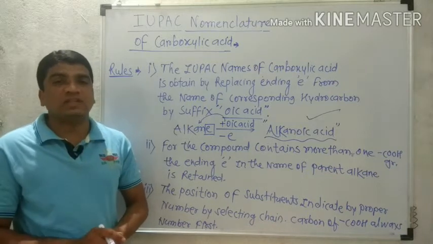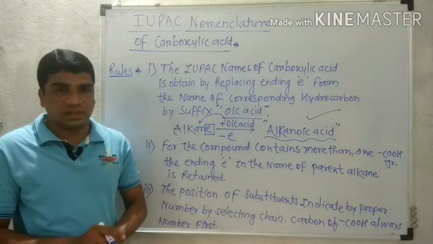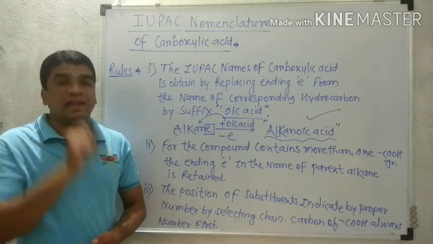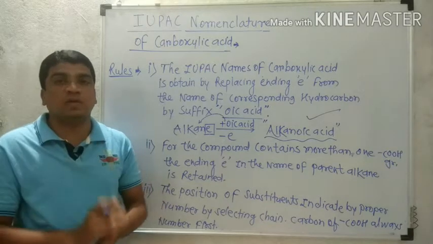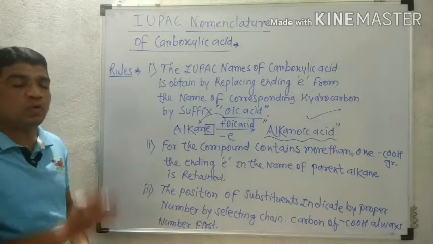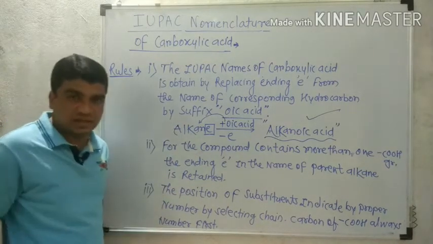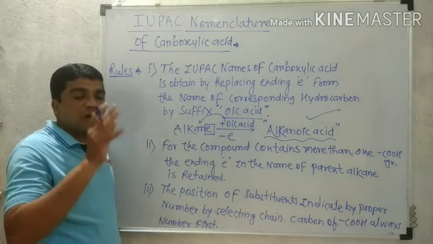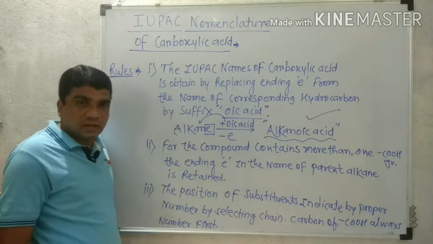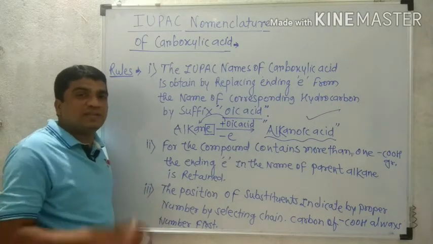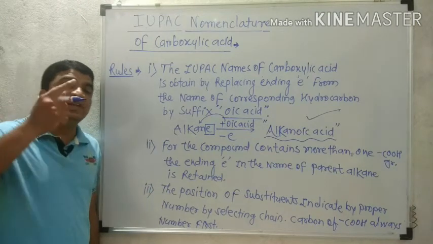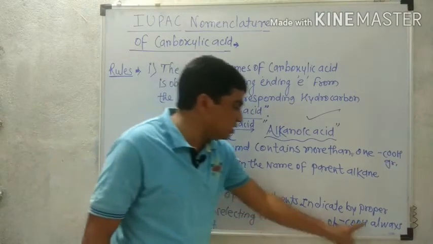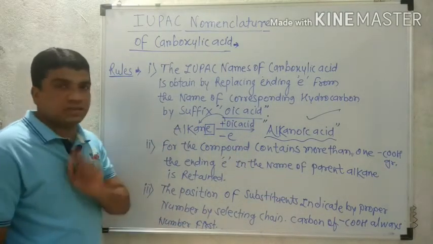After selecting it, number the carbon chain from the end which is nearer to the COOH. COOH is always at the end of the structure. In every carboxylic acid, the COOH functional group is always at the end of the structure. So in numbering the chain, the carbon of COOH is always numbered first.